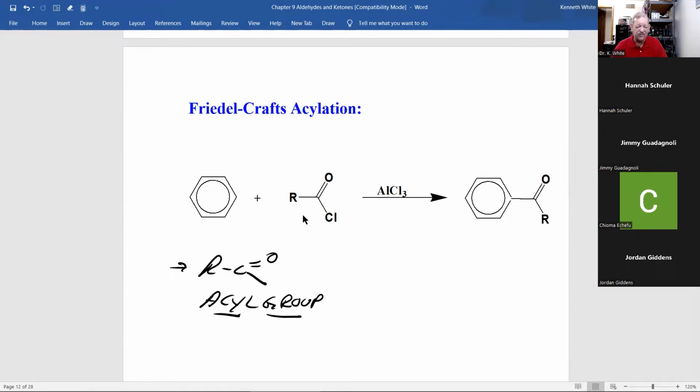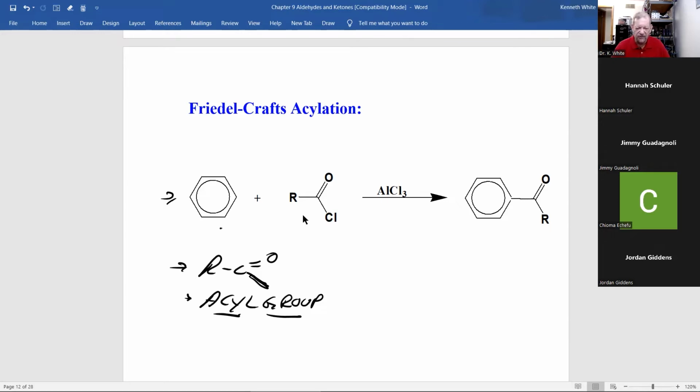This is called an acyl group, R carbonyl bonded to something. And that's what this does. It puts an acyl group on a benzene ring. And this is an excellent way to make aromatic ketones.